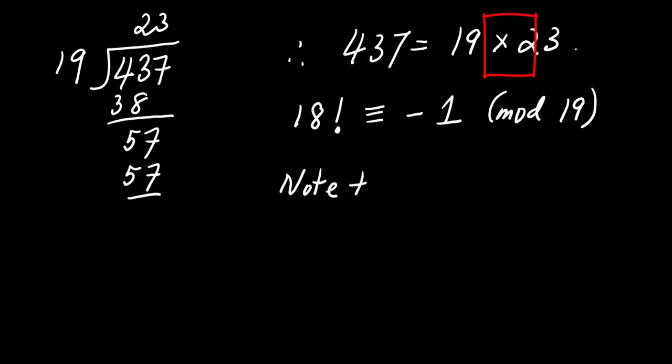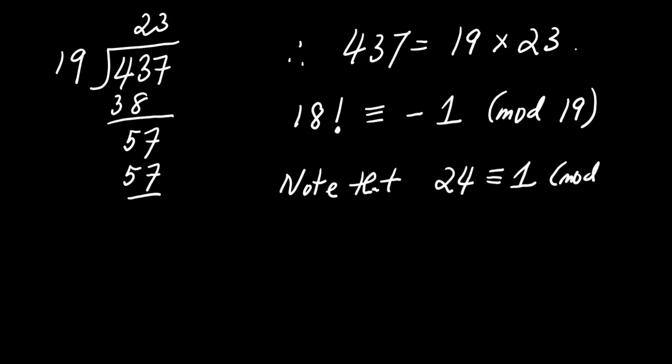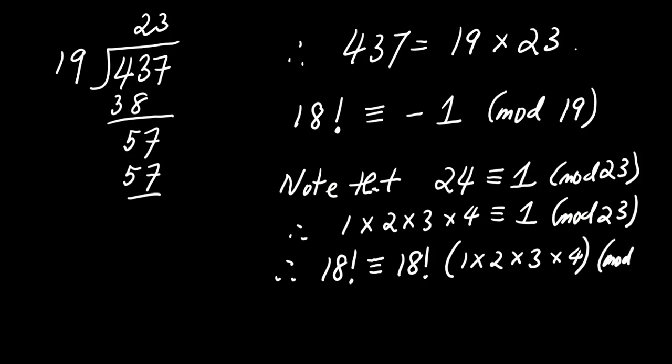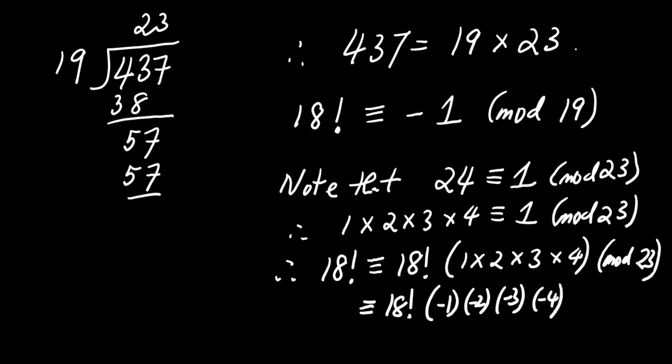What about 23? We note that 24 is congruent to 1 modulo 23. Following this, the factorial of 18 is congruent to 18 factorial times 1 times 2 times 3 times 4 modulo 23. Now, 1 times 2 times 3 times 4 is congruent to -1 times -2 times -3 times -4.